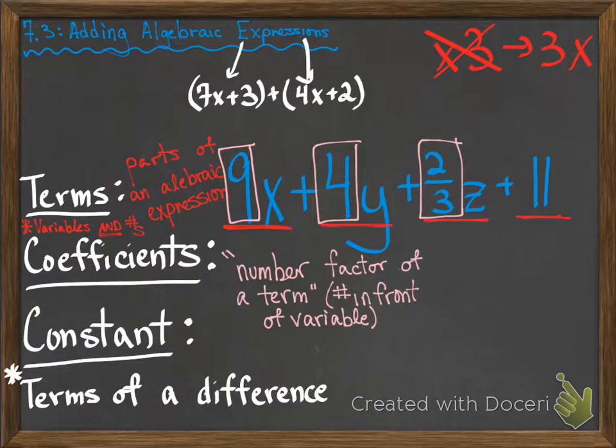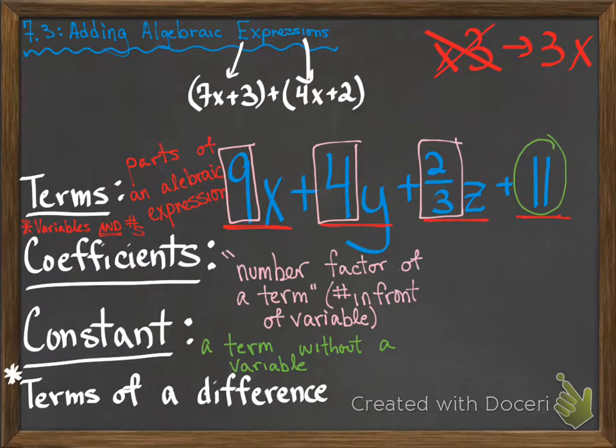All right, constants, that's my 11, and a constant is a term without a variable. You are constantly adding it. No matter what x, y, and z is, if x is 1,000,000, y is -1,000,000, and z is 25, you're always going to add 11. You are constantly adding 11 to it regardless of the amount of the variables.